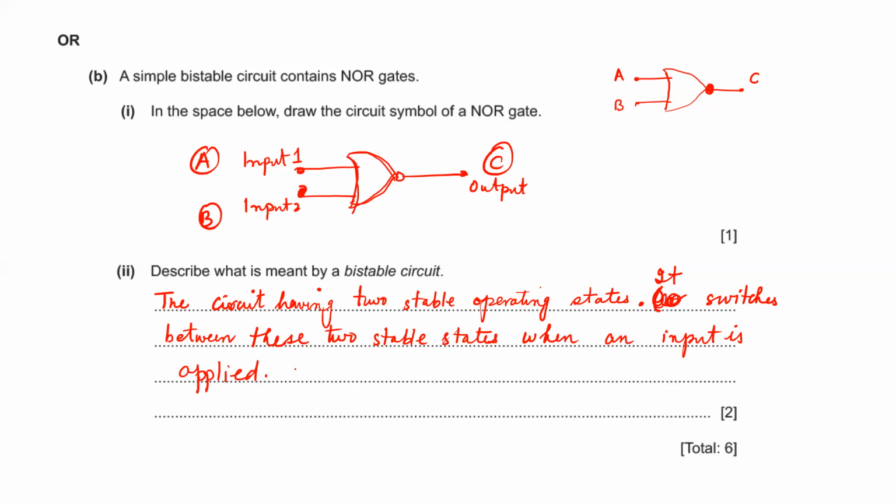Say, for example, 0 and 1, or on state and off state, and it is basically the way our memory systems work.